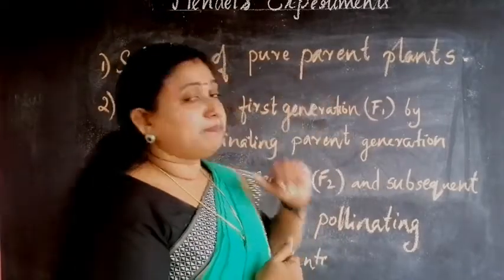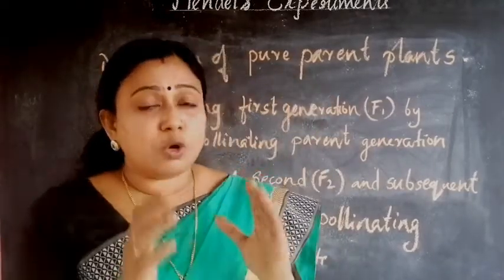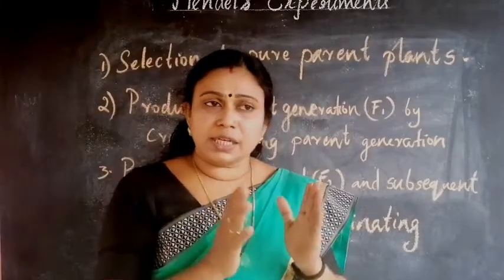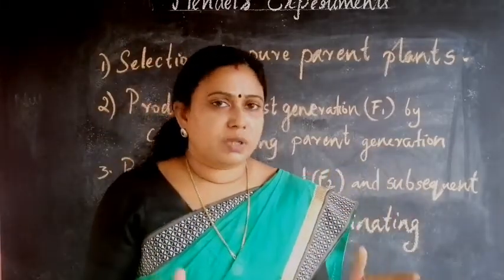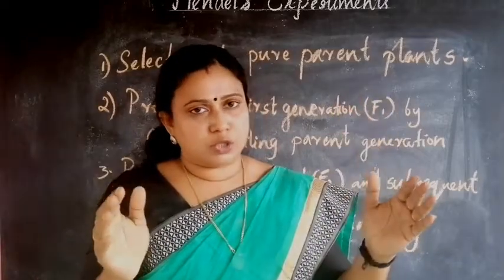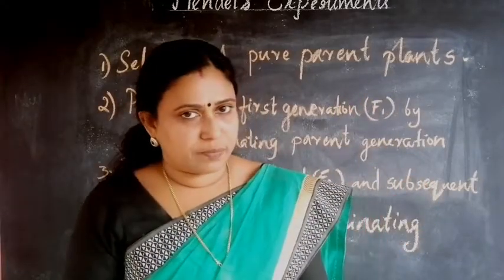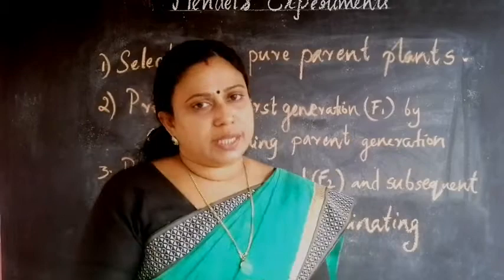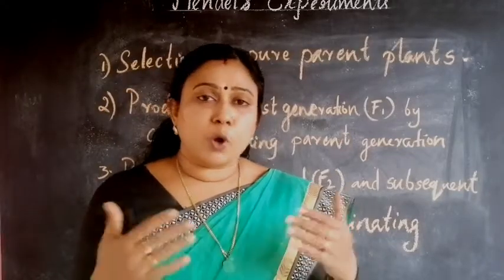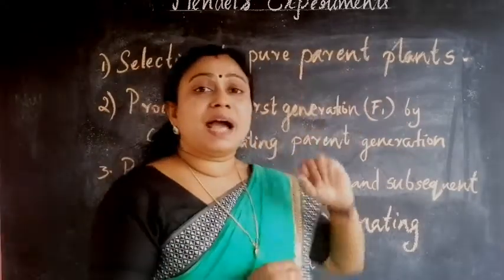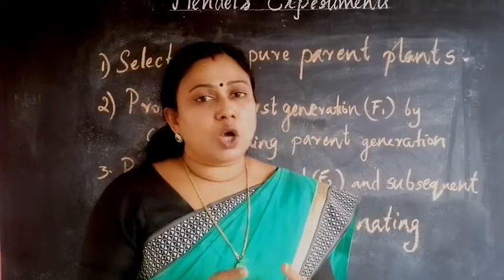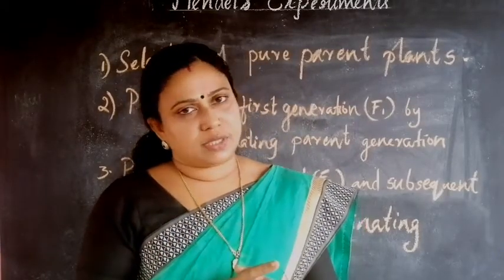Here I said the parent generation. The parent generation consists of the organisms taken as the parents to produce the next generations. Now, what are filial generations? The offspring or the progeny produced from the parent generation are called filial generations.